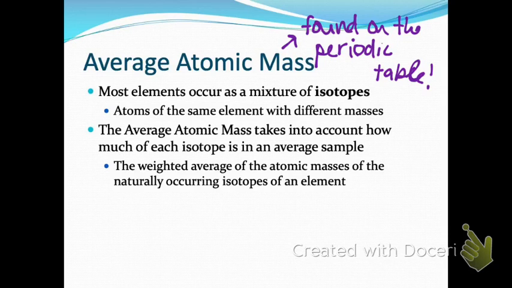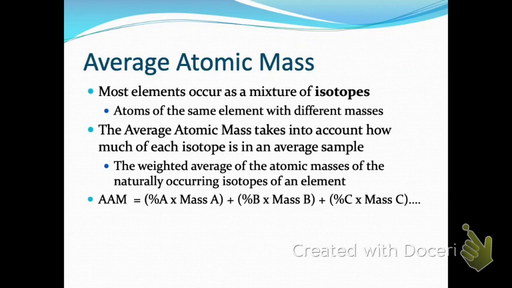So I'm going to give you an equation that we use for finding average atomic mass. Average atomic mass is found by taking the percentage of isotope A times the mass of that isotope, plus the percentage of isotope B times the mass of that, plus the percentage of C times its mass. It can be as many isotopes as we have.